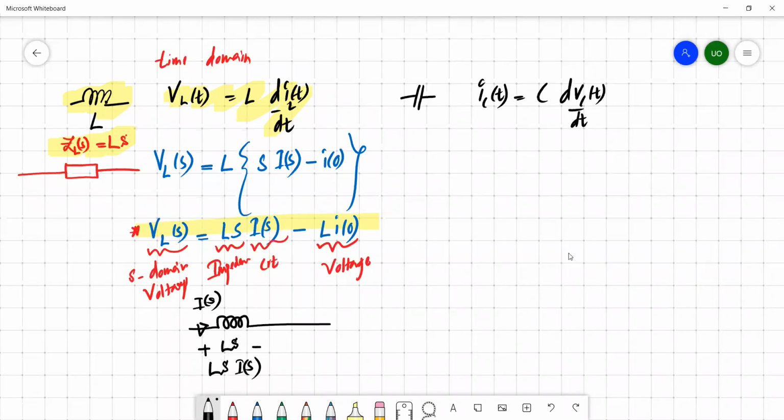So we have an inductor in S domain. The value of this inductance, which is now an impedance, equals L times S. So now we can simply replace the inductor of L Henry with an element in S domain having an impedance of L times S, and the current flowing through this element would be capital Is. So the induced voltage across this impedance would be Ls times Is.